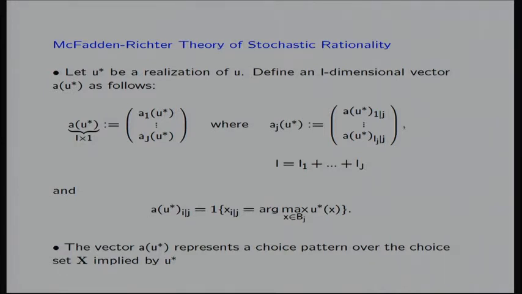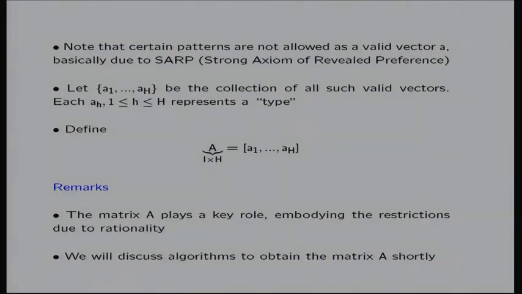Since I believe there's no way I can describe all this notation here, let me just skip that and verbally tell you what exactly this matrix A is. Matrix A represents all the rational choice patterns a particular person would possibly choose, if the person is rational, facing, say, the blue, green, and red budgets.